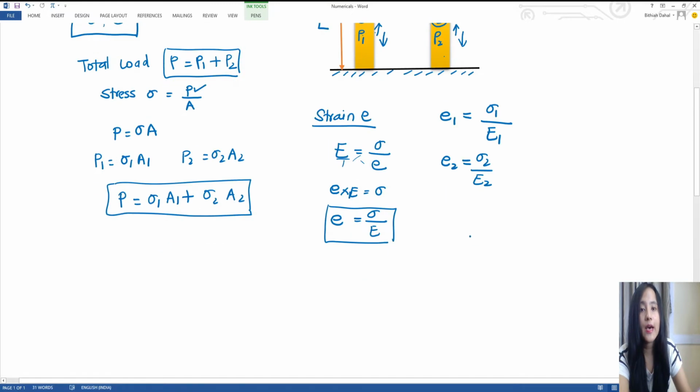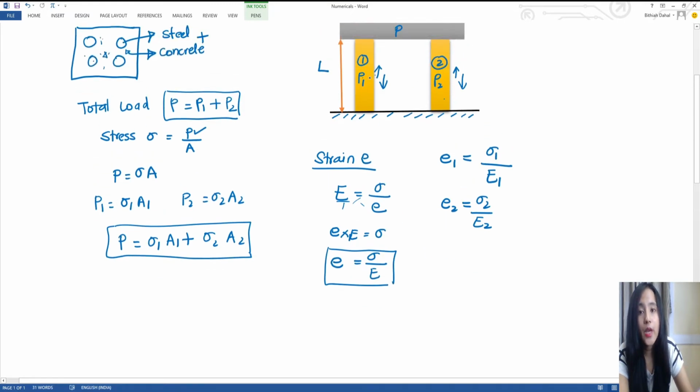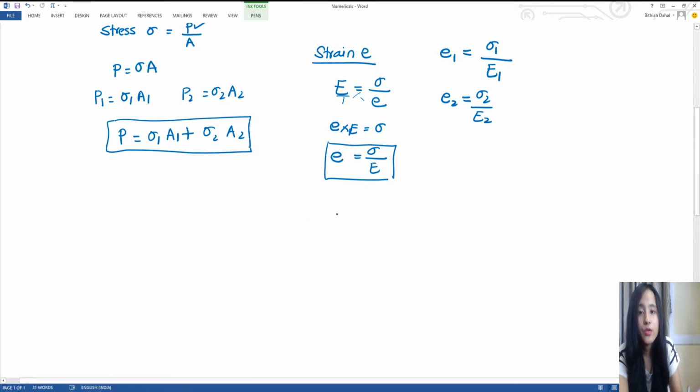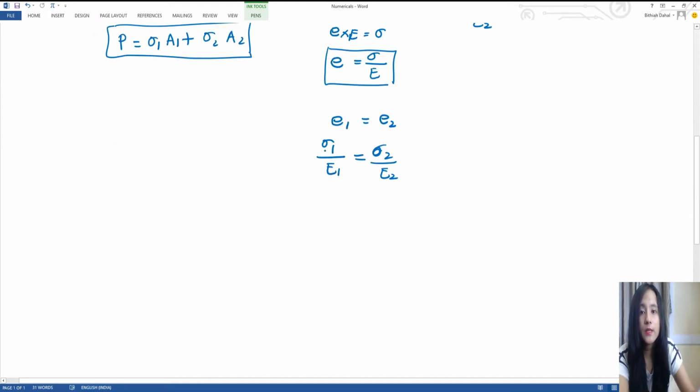Now we know that the strain in both these composite materials will be equal. So the strain in the first material equals the strain in the second material. So sigma 1 by E1 is equal to sigma 2 by E2. Now from here I want to find sigma 1.